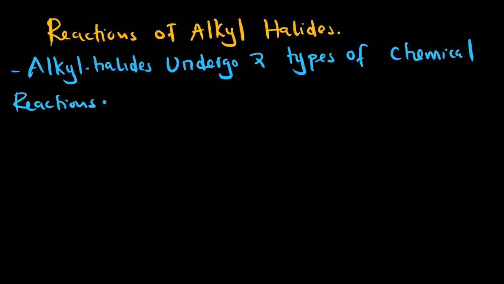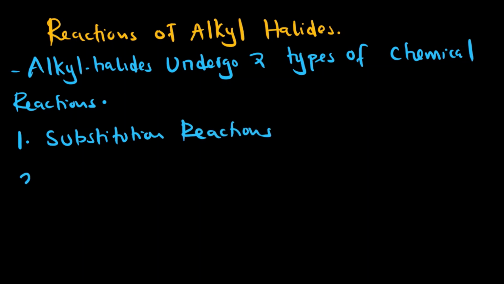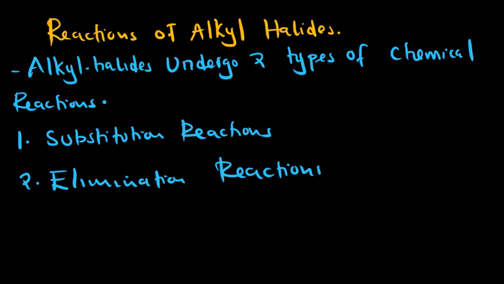These include, number one, substitution reactions. Number two is elimination reactions. So once we do these two types of reactions, then we'll be done with alkyl halides.